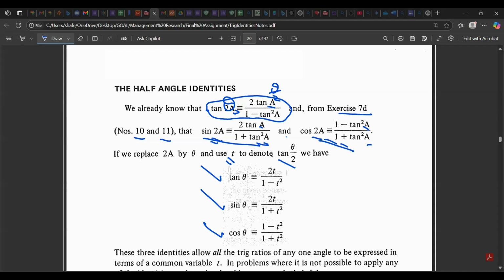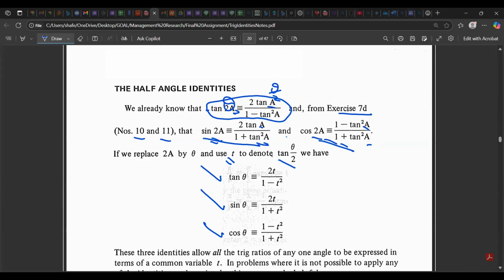Now, what is useful about a set of identities like these? What's useful is that we can write sine, cos, and tan in terms of a single parameter, a particular unknown t.